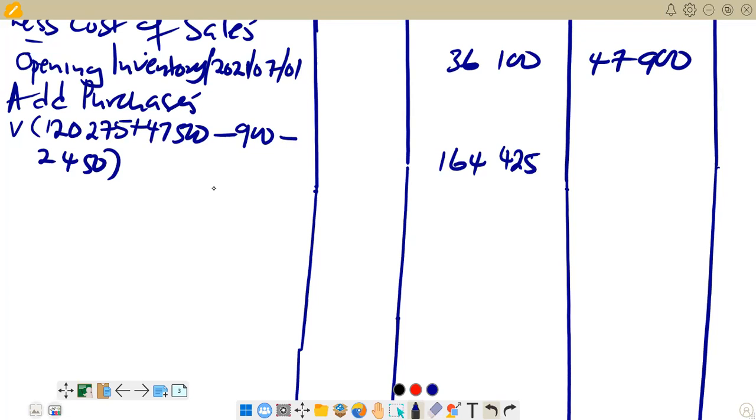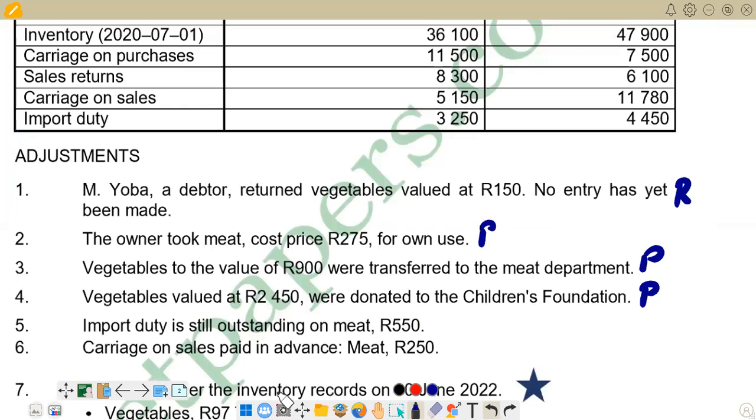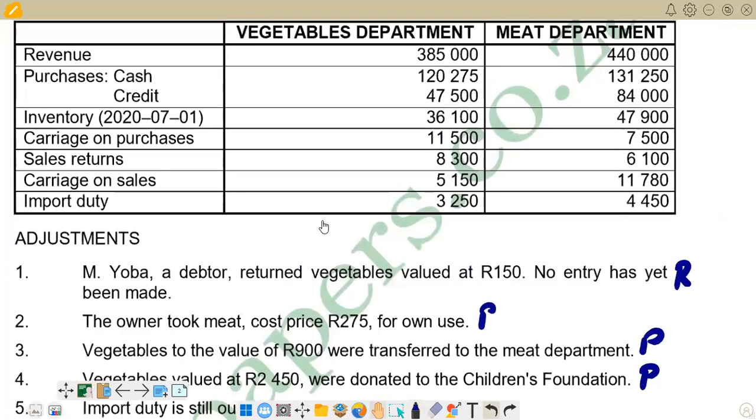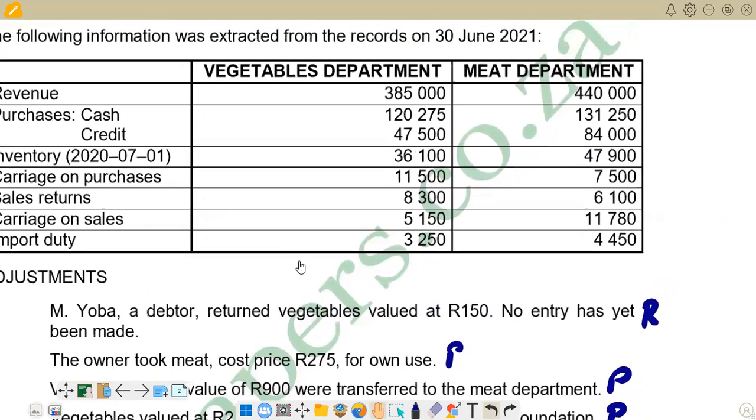And then we are also supposed to calculate for the meat department. So we go again to check what we have in terms of the meat department. For the total purchases, we have cash purchases 131,250.